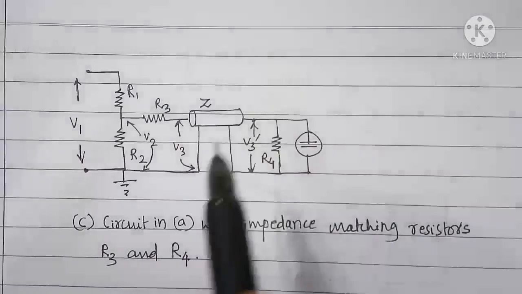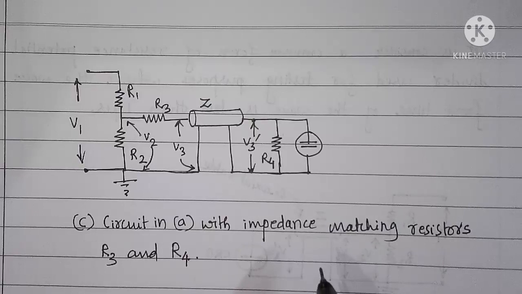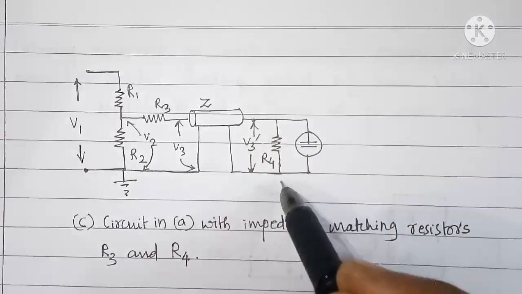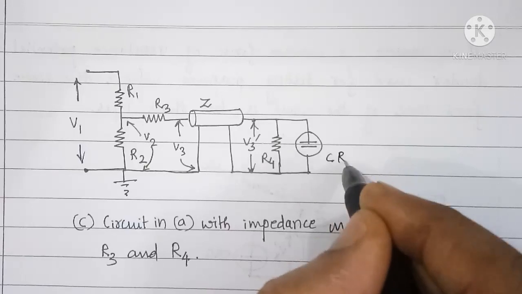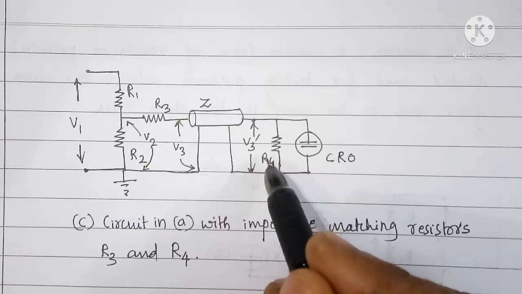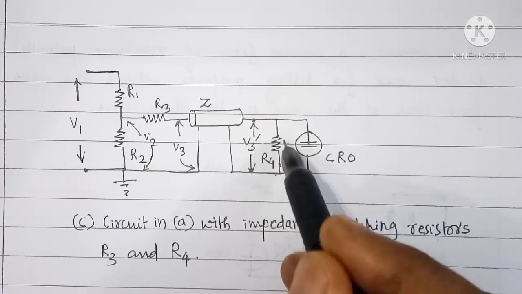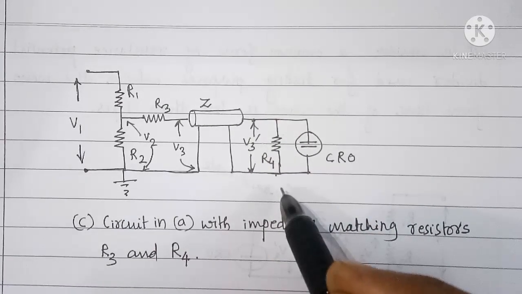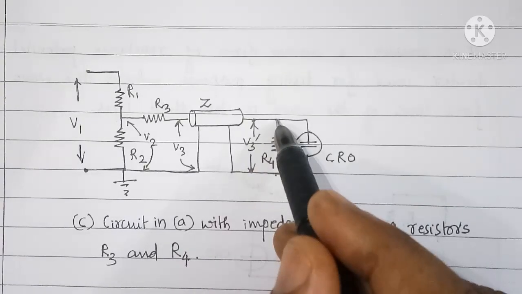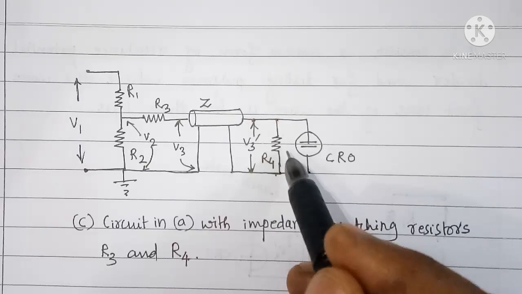Now in this circuit, two impedance matching resistors R3 and R4 are shown. R4 is connected to the terminals of CRO. The voltage upon reaching the terminals of CRO finds resistor R4 here, which means that, like in case of circuit A and B, the voltage wave won't find infinite impedance.